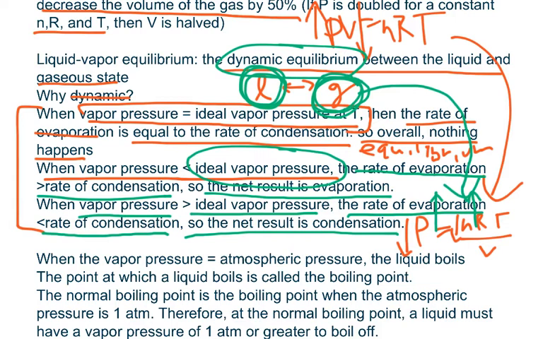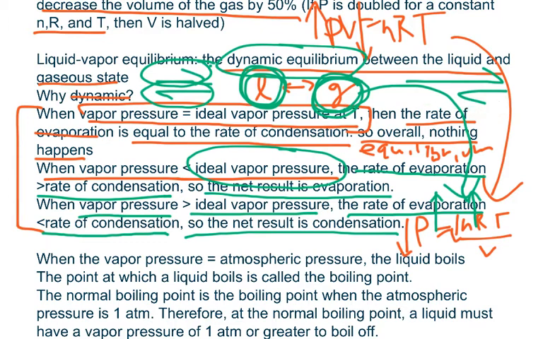Now, have you figured out why it is called a dynamic equilibrium? Well, it's called dynamic because the two processes, the forward and the backward reaction, are happening at the same time. And what determines the net process is which one of these rates is higher. So if the forward reaction is greater than the backward reaction, the net reaction will push it forward.